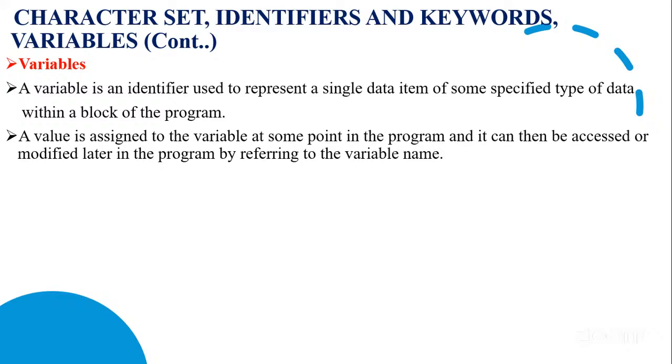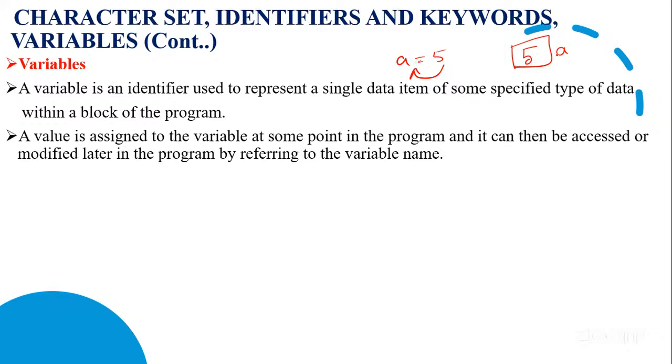For example, a is equal to 5. That means some memory location will be named a in your device, and 5 will be stored in that location. A equals 5 means we are storing 5 into the variable location a.